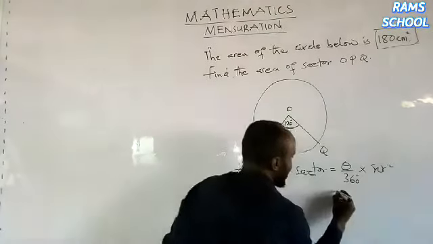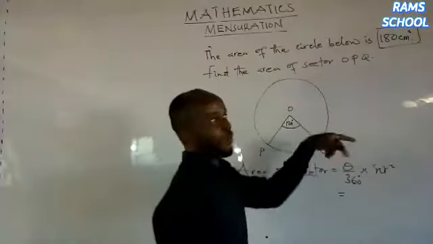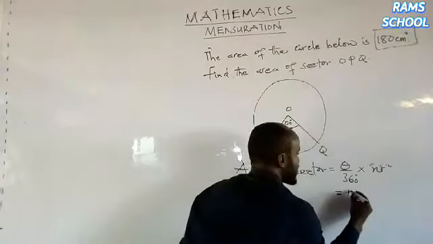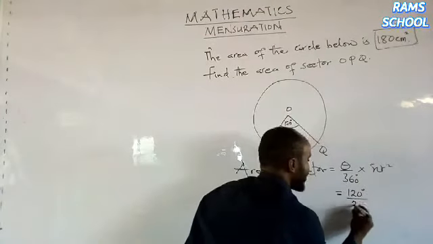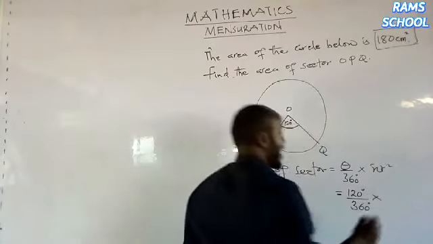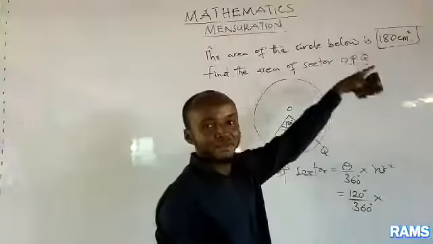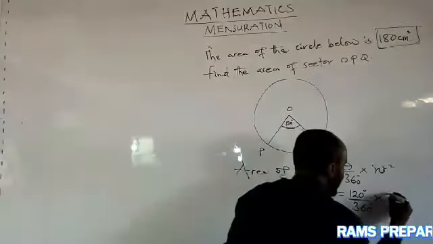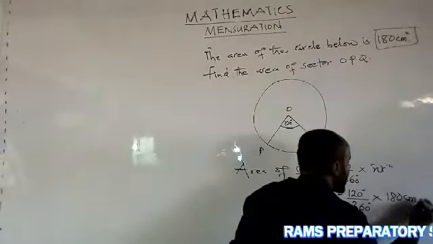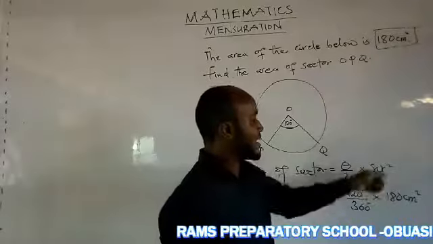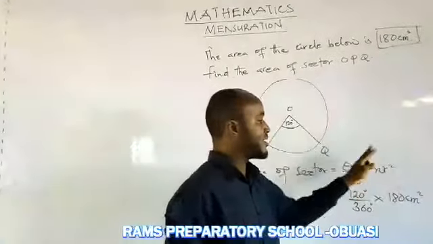So for this question, it even becomes easier when you know the area of the circle. The theta is 120 degrees out of 360 degrees times my pi r squared, which is 180 centimeters squared. You see how simple it is? You don't need any pi, you don't need any radius.